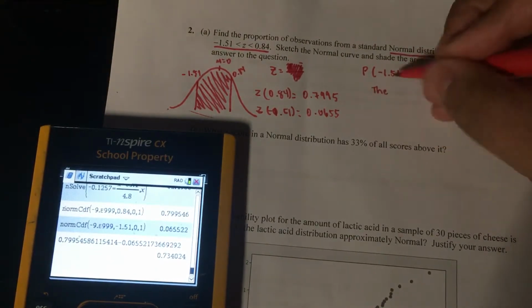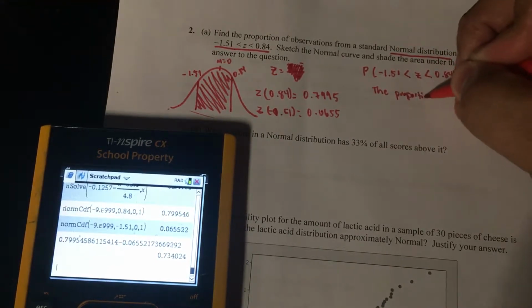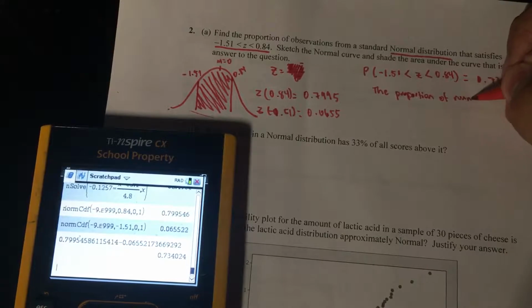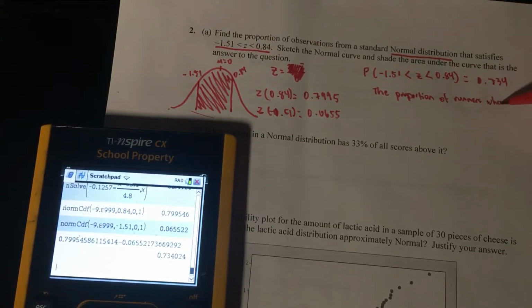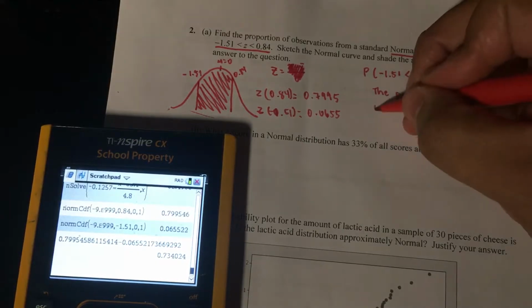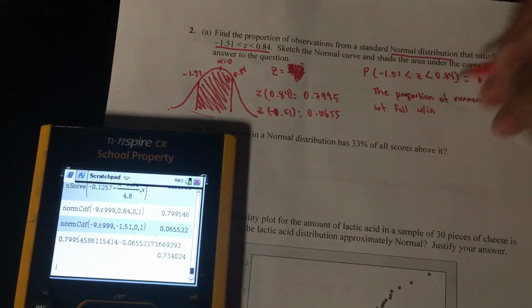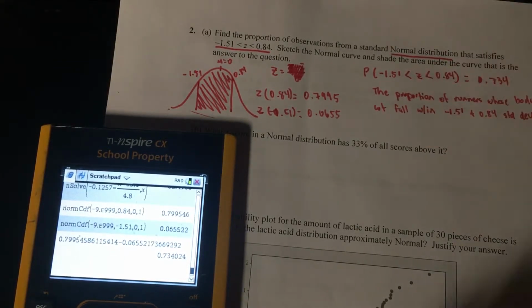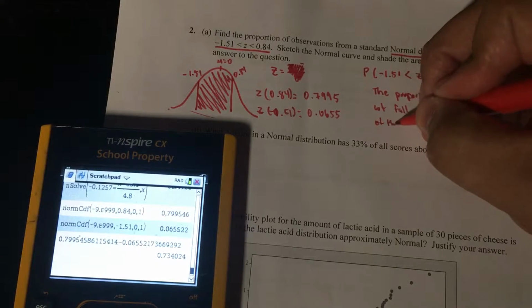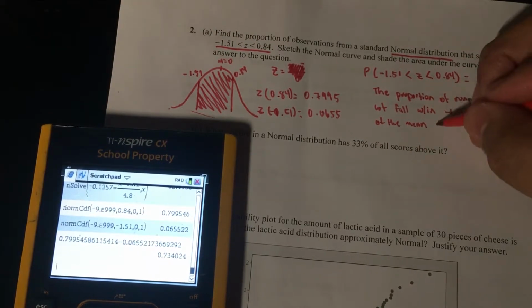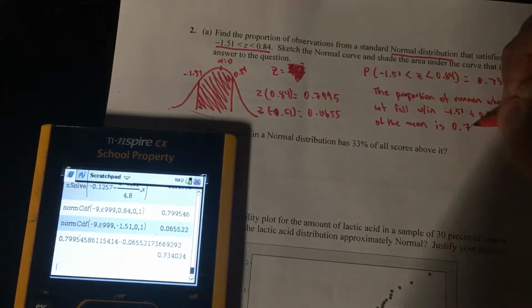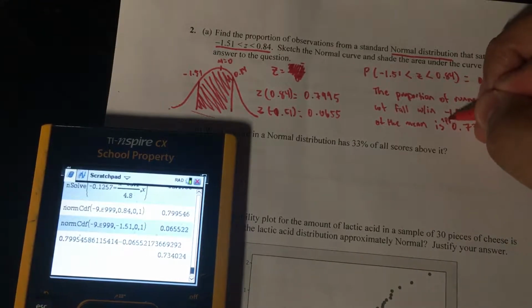Full credit, the proportion of runners whose body weight falls within negative 1.51 and 0.84 standard deviations, because z-scores are standard deviations, of the mean is 0.734. I should say approximately.